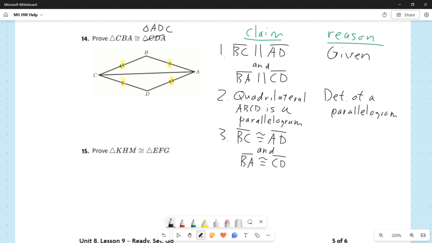CD. Okay. And the reason that we're allowed to say that is because now that we've established that this is a parallelogram, one of the characteristics of parallelograms is that opposite sides of a parallelogram are congruent.